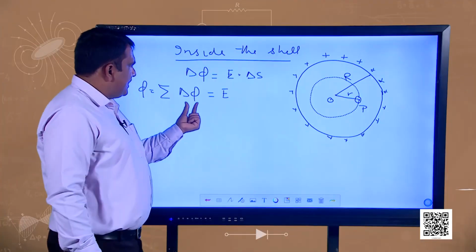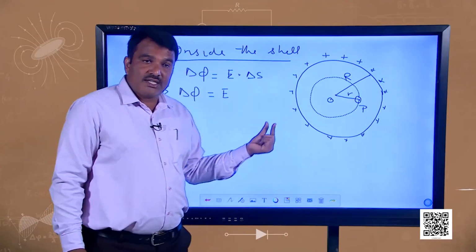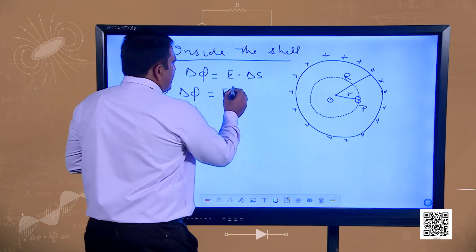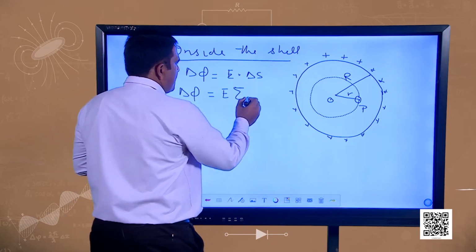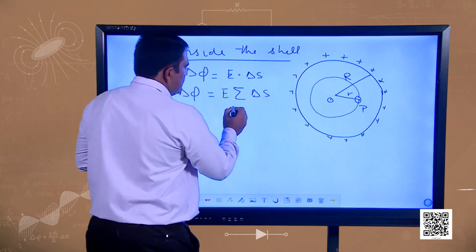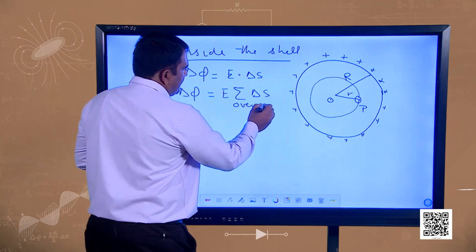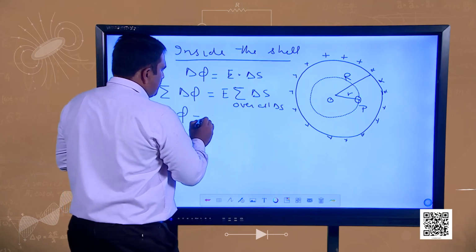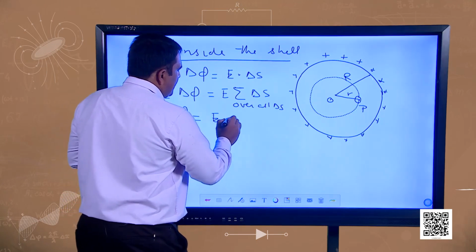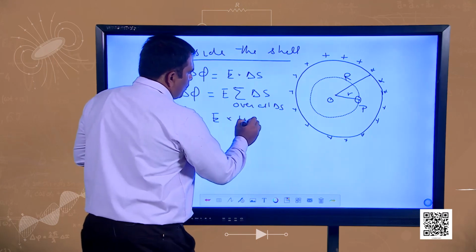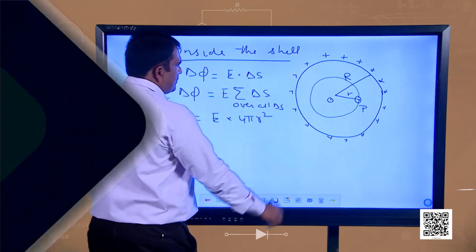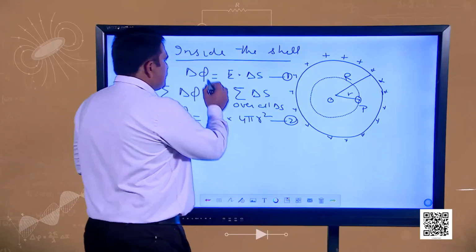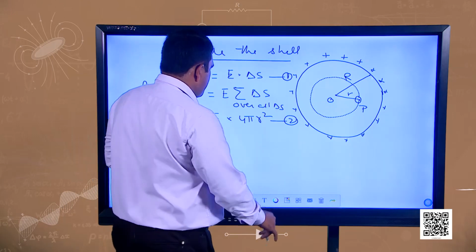Again because E is constant, we take it out of the summation sign and it becomes E sigma delta S over all delta S, and total electric flux passing through the surface becomes E multiplied by 4 pi small r square. Let us suppose it is equation number 2 and this was equation number 1.